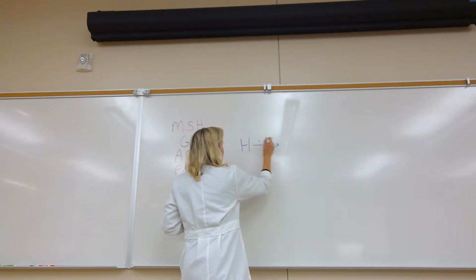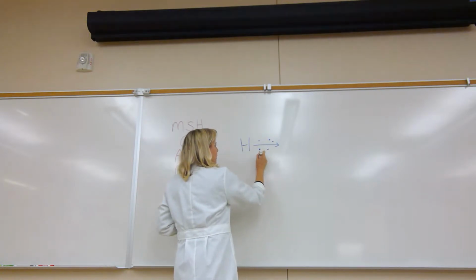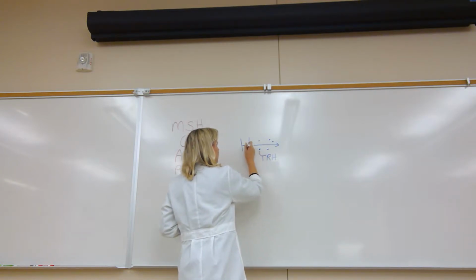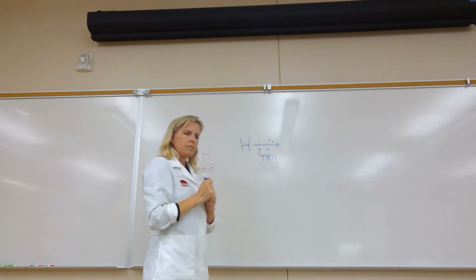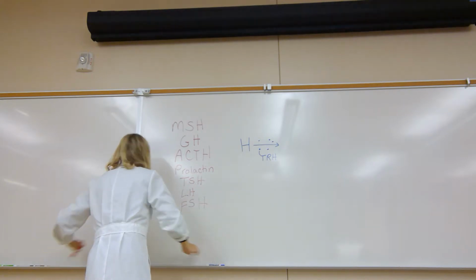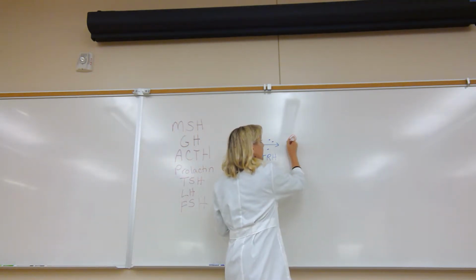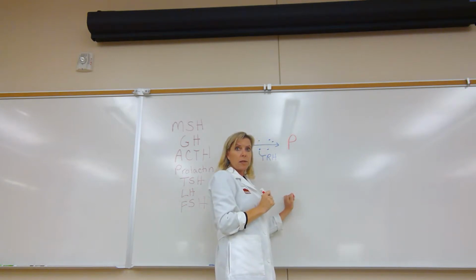So I am targeting the pituitary. The blue dots represent thyrotropin releasing hormone. McLean in my story is the pituitary, the anterior pituitary.